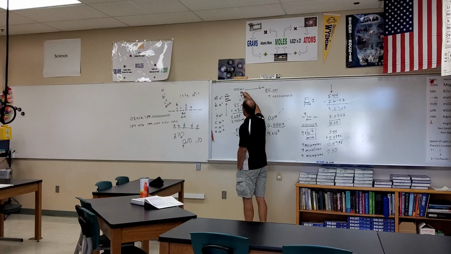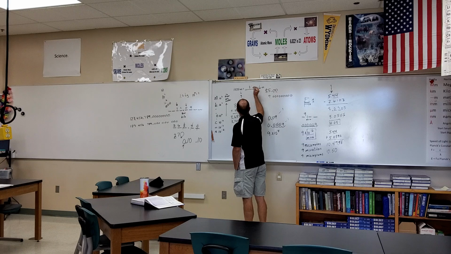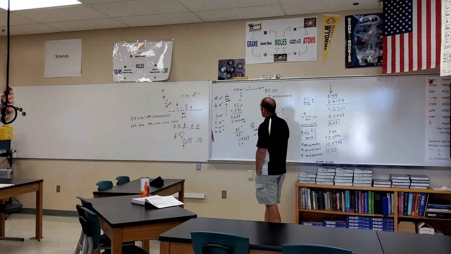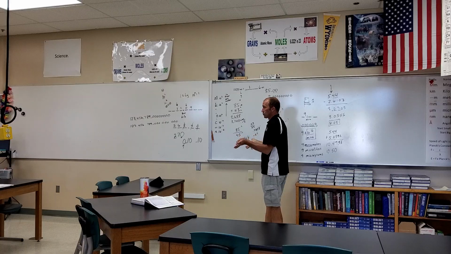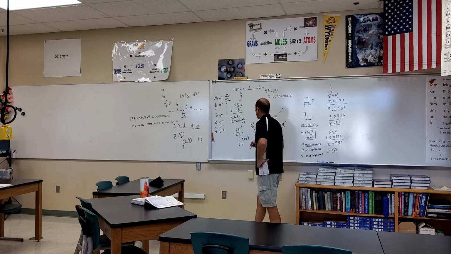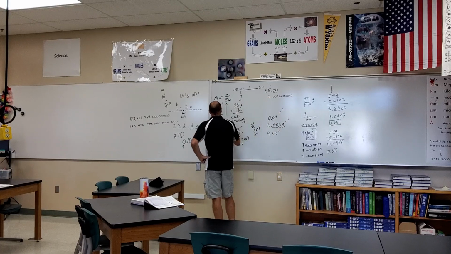So 1,000, from 0 to 3, since I'm going to a bigger unit, it's small by the number of places. That's great. So then I only have to remember one rule, because if I'm moving the other direction, then the opposite: to get smaller, it gets bigger. To smaller gets bigger.